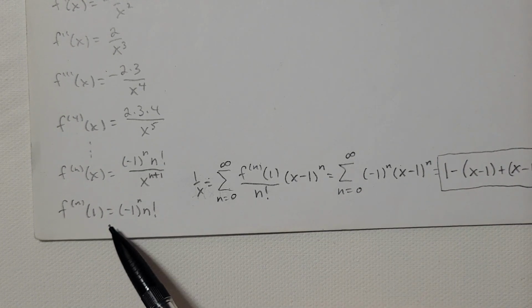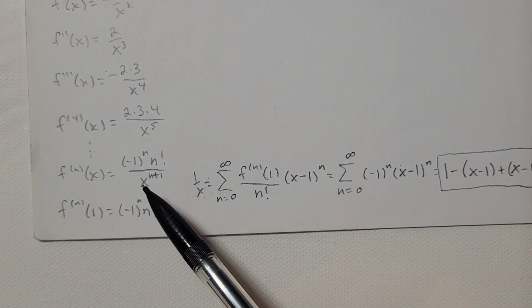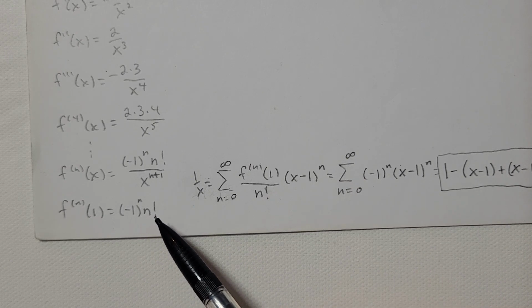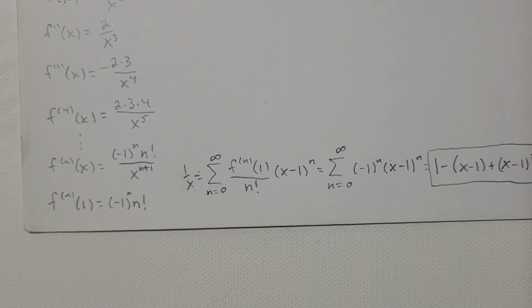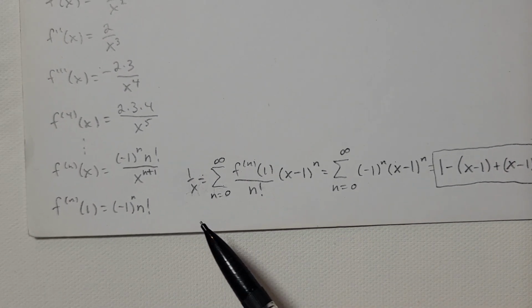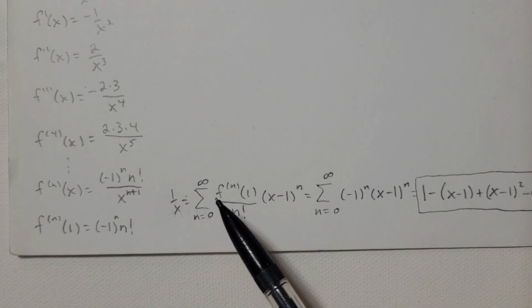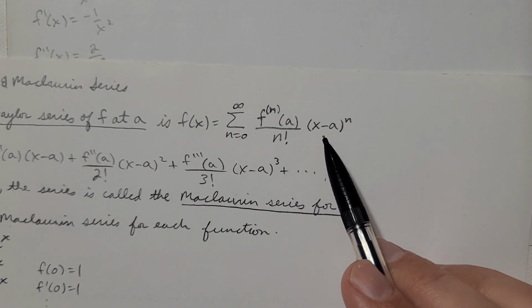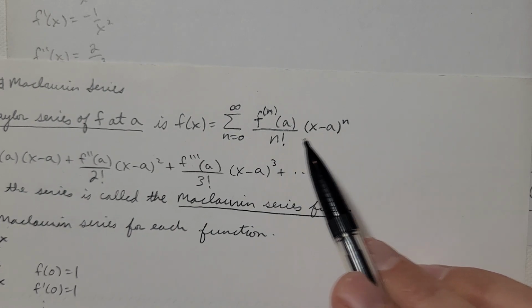So when I plug in 1 into the nth derivative, then the denominator is going to be 1. Okay, and we're going to have negative 1 to the n times n factorial. So then 1 over x, written as a Taylor series, would be the nth derivative of f at 1, and then times x minus 1 to the nth power divided by n factorial.